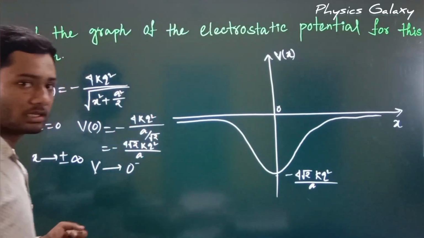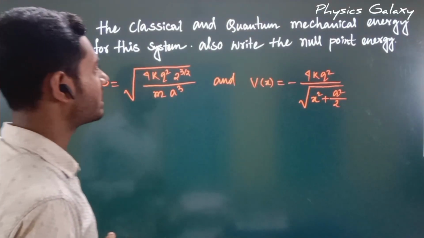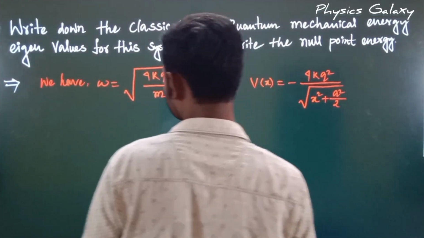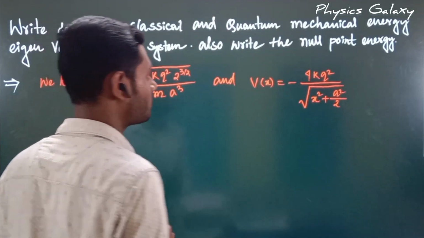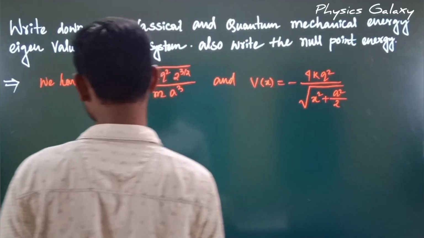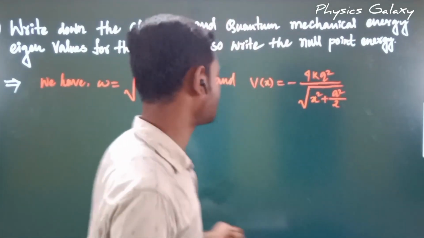The next question is: write down the classical and quantum mechanical energy eigenvalues for this system. Also write the zero point energy. Now for a classical system, we also derived this actually.